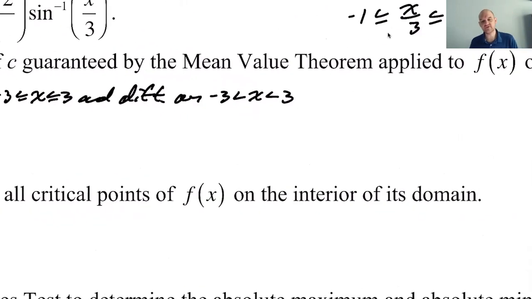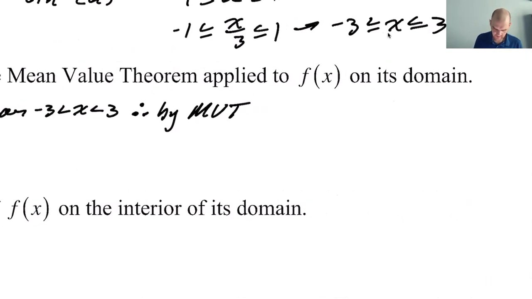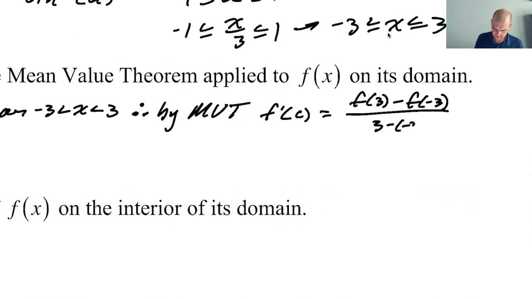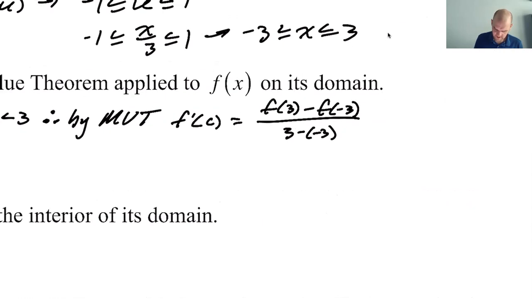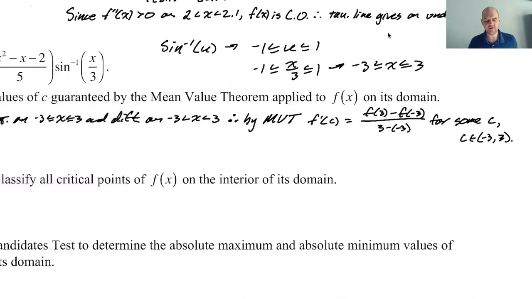So continuous on the closed, differentiable on the open, therefore by MVT, f prime of c equals f of 3 minus f of -3 over 3 minus -3 for some c that's an element of the interval. I'm doing this strictly for space reasons. There we go. All right, calculator.